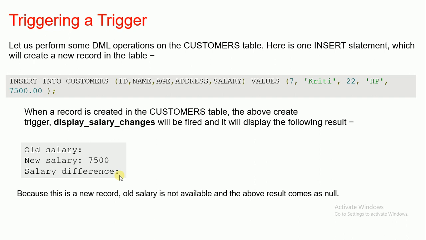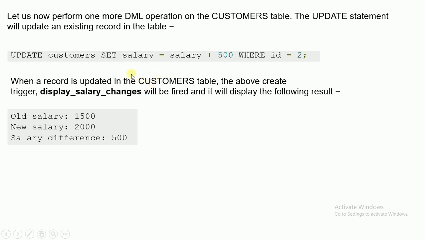Similarly, if you are doing an update command, the update event: update customer set salary equal to salary plus 500 where id is equal to 2, that is customer id 2. I am updating the salary by giving an increment of 500 to a particular customer. For this customer id 2, the old salary value is 1500, and I am giving a 500 increment.